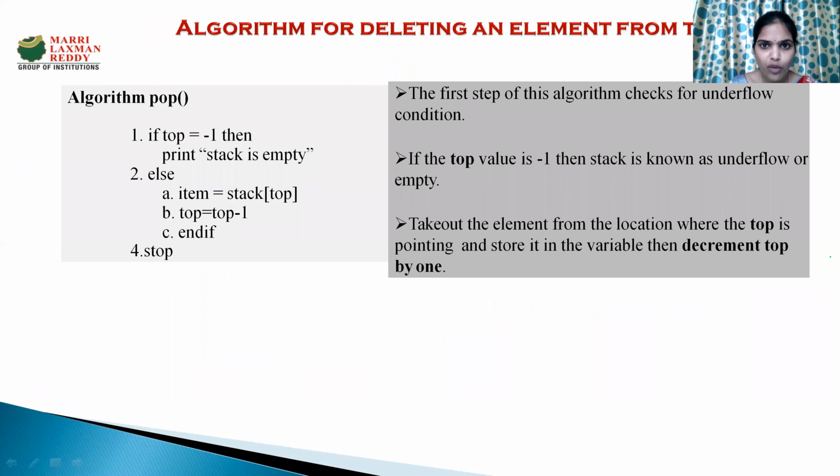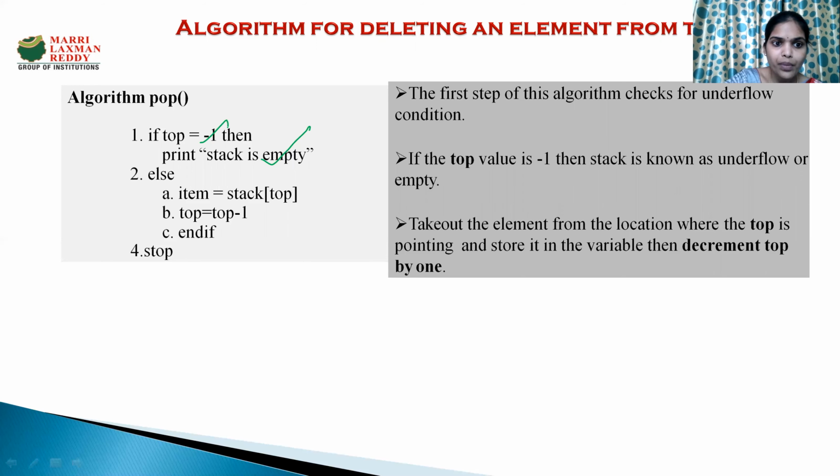And here we have the pop operation, where if I want to delete or remove some element from the stack, I perform this pop operation. When I perform pop operation on an empty stack, then it has to say that stack is empty, when top is at -1. If top is not at -1, it is pointing to some topmost element of the stack, then I go to the else statement.